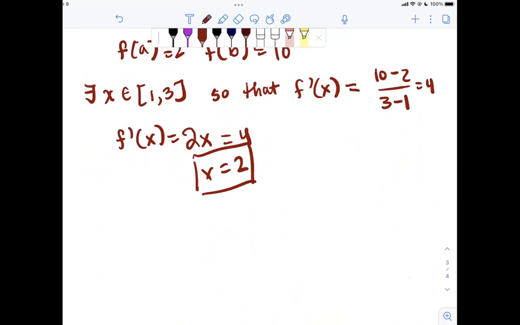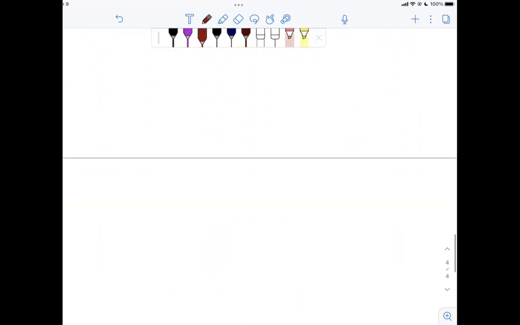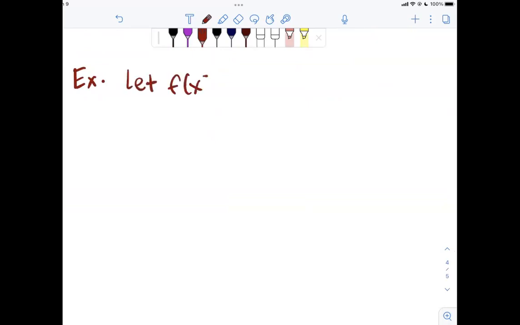Let's do another example. All right. So let f of x equal 2x cubed minus x, on the interval from -2 to 1.